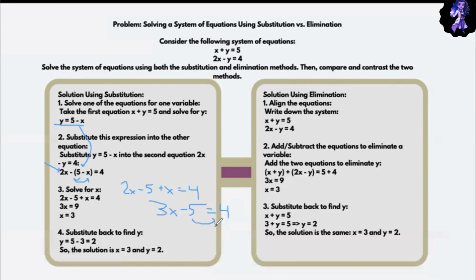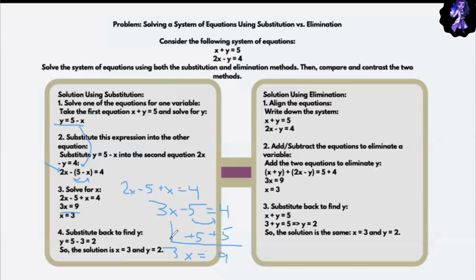Bring 5 over to the other side. Then we get 3x equals 9 because we add 5 to both sides. And then we simplify that further to give us 3x equals 9.